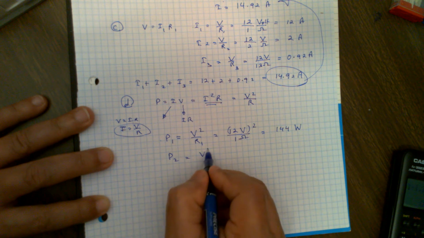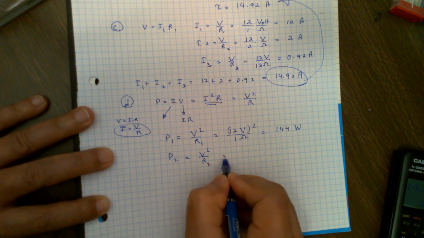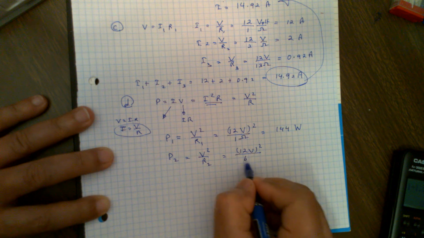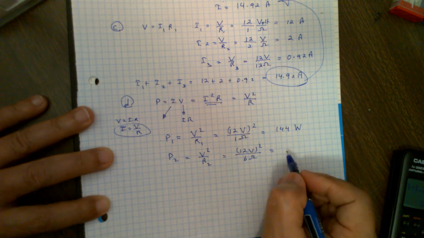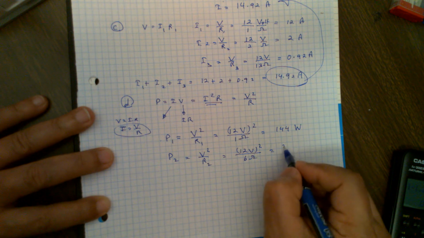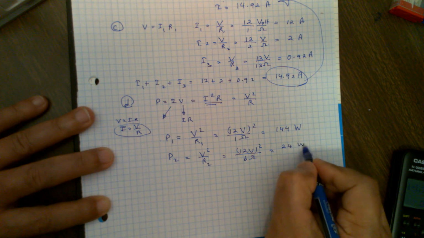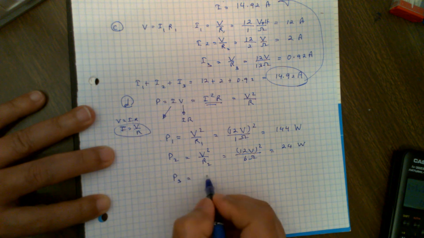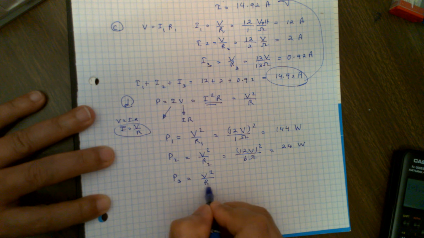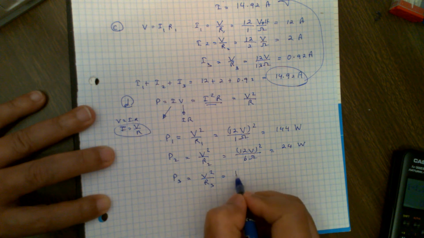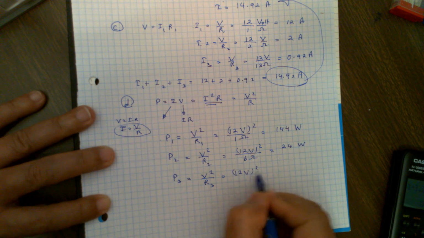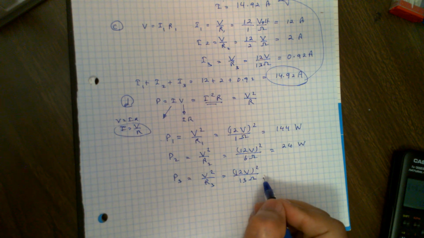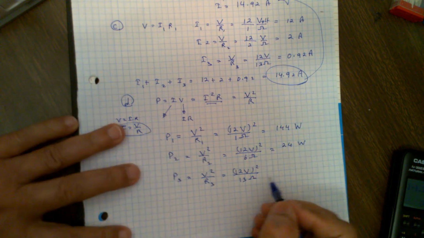P2 is V squared by R2, which is equal to 12 volt squared by 6 ohms. So the answer is 24 watts. And P3 is equal to V squared by R3, which is equal to 12 volts squared by 13 ohms. And the answer is 11.1 watts.